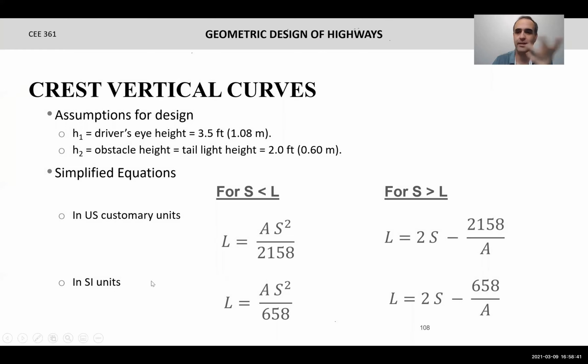For some reason, I got confused while I was reading this. We're working in US customary units. That's why you saw that value 2,158, because I picked these equations for the units that I'm using. So you either pick these two equations or these two equations. That's it, it's that simple.